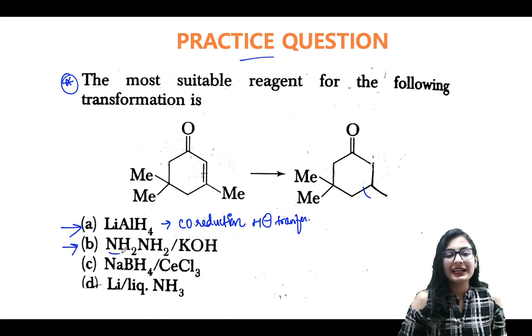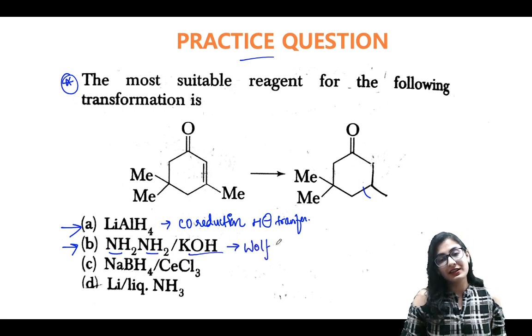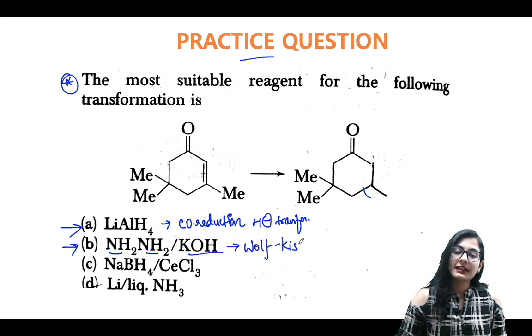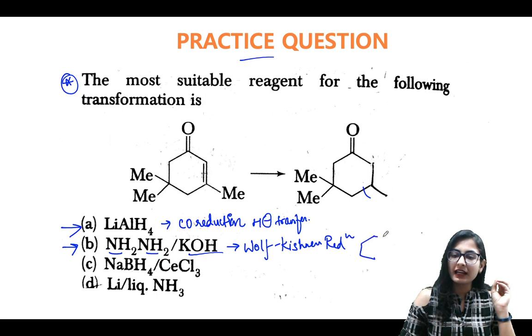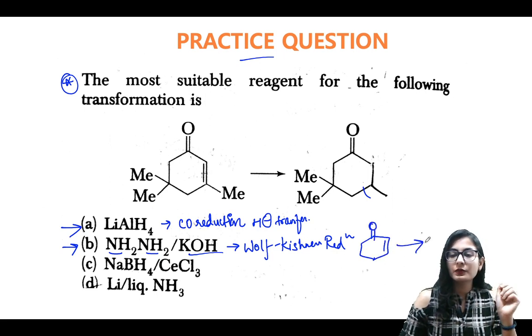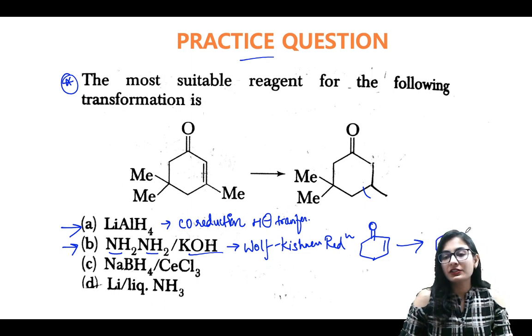So I hope that just by looking at the reagent you know that this is Wolff-Kishner reduction. Which means that if we are taking a carbonyl group like this, it is going to give us reduction.